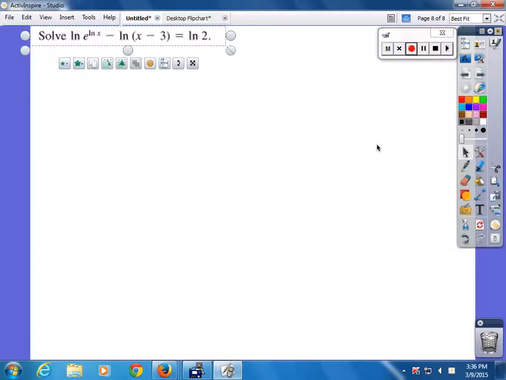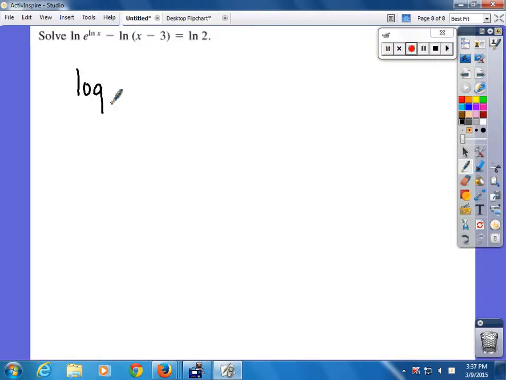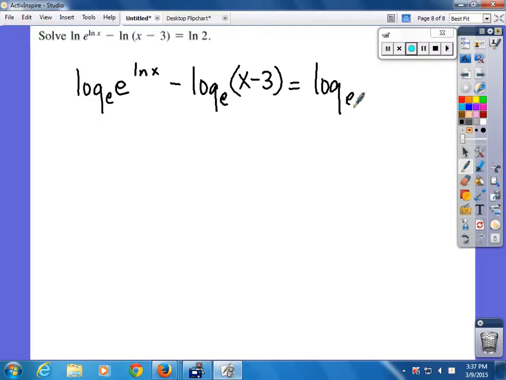All right, look what happens. Log base e, natural log of x. I'm sorry, base e is e. Let me redo that. Minus log base e of x minus 3 equals log, basically.